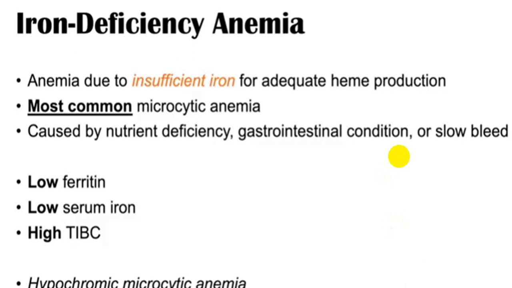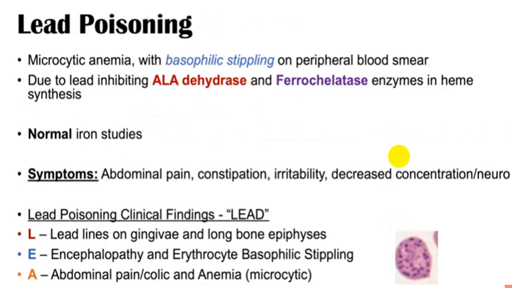So this is the most common cause of microcytic hypochromic anemia. Another condition which is very common is lead poisoning. Lead toxicity inhibits ALA dehydrase and ferrochelatase, which decreases heme synthesis, and because of that hemoglobin synthesis is reduced, which gives rise to microcytic hypochromic anemia.